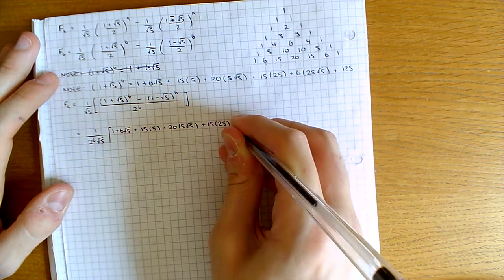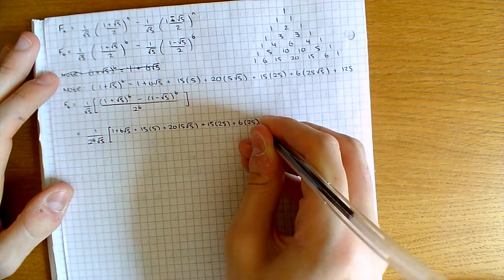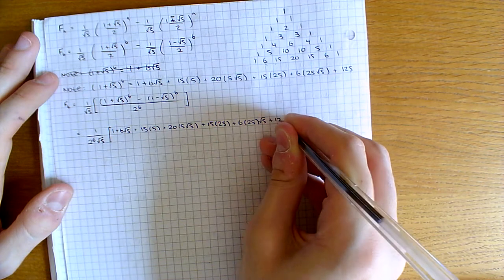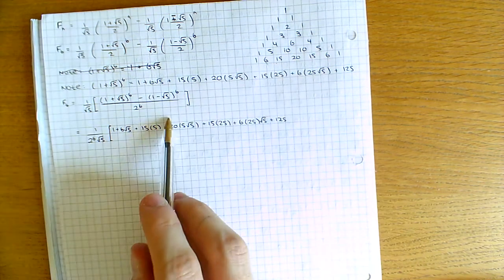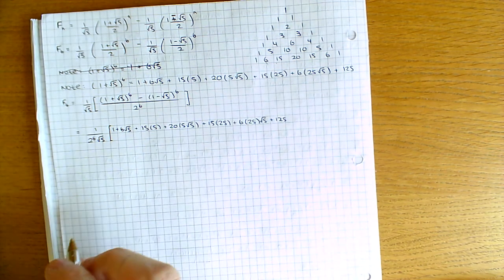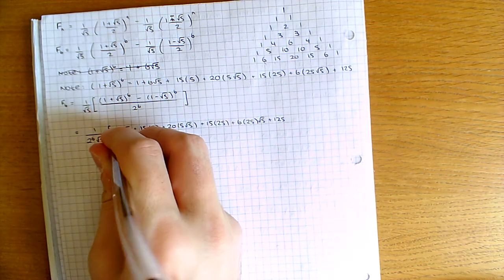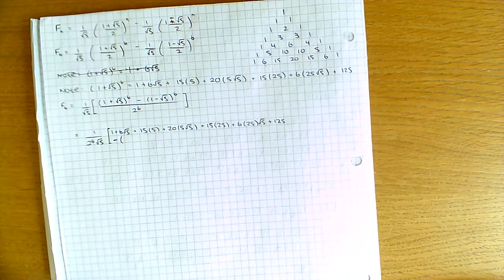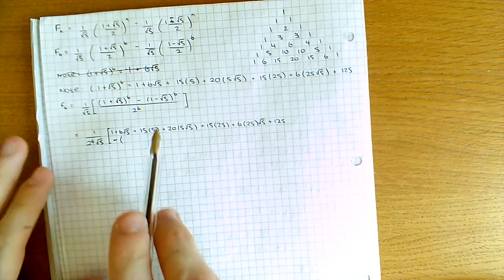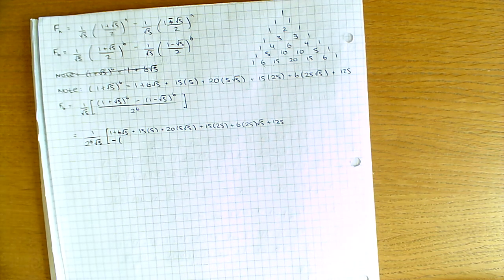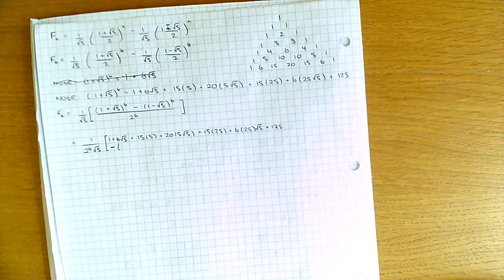And we'll notice that a lot of these terms are going to cancel when we substitute in (1 − √5)^6. So minus, I'm running out of space, so I'm going to have to do it on the next line. This is minus (1 − √5)^6. The terms are going to be the same, but we've got this minus sign, so they're going to alternate in sign.